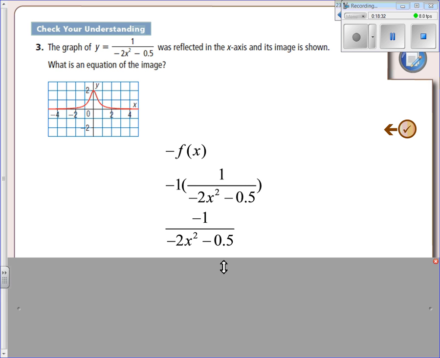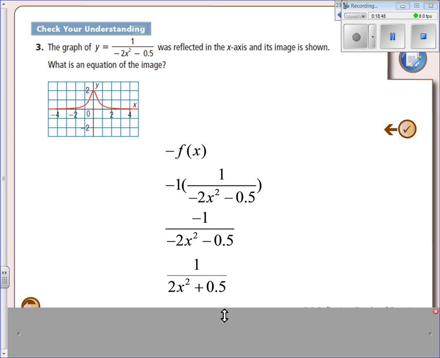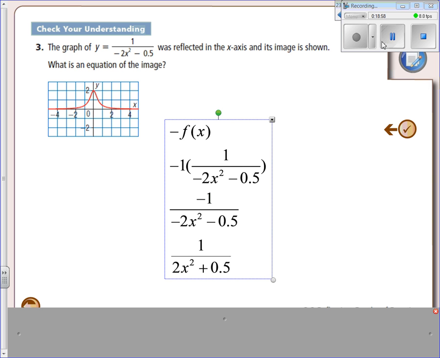Negative 1 times 1 is negative 1. And then a good algebraic strategy would be to simplify the negatives, because as we know, if we divide top and bottom by negative 1, it makes all the values positive. So this would be the equation of the newly formed image that we have in front of us. Okay, Mr. Wheeler, you can press pause and make sure that the kids have that written down.